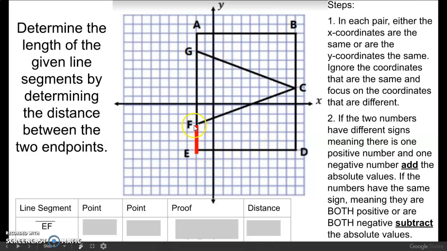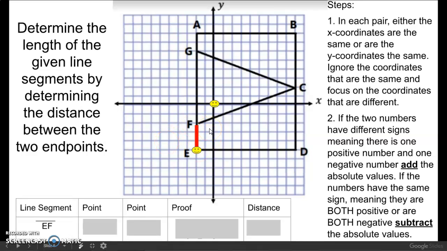Here's line segment EF. We need to identify the coordinates of each of the endpoints. Starting at the origin, to get to point E, we would have to go 2 units to the left and 5 units down.